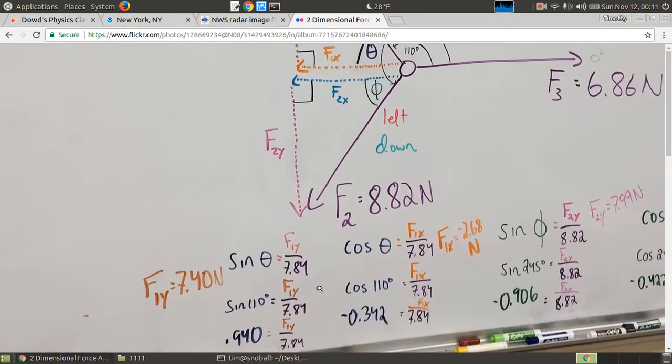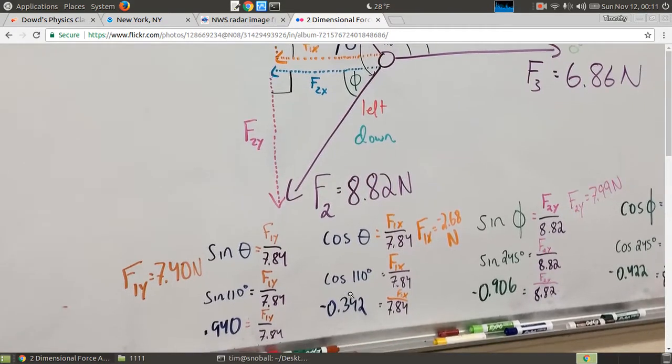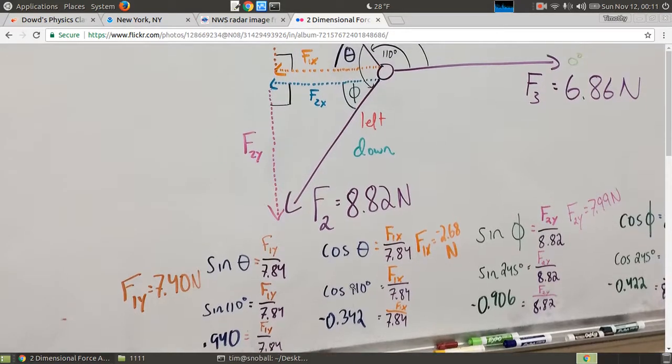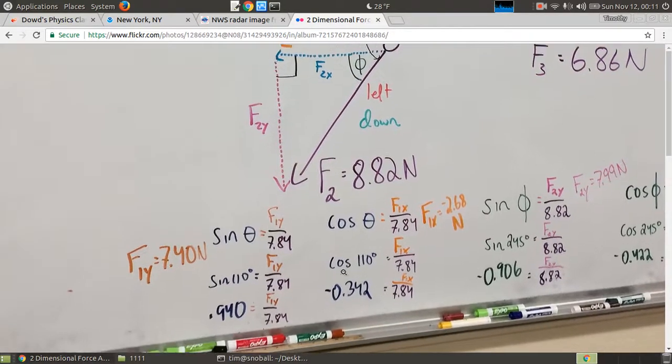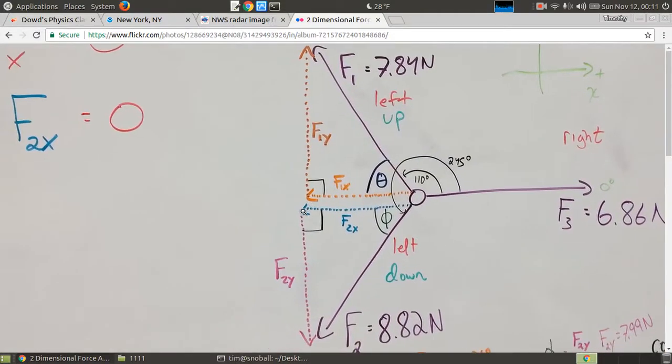The only difference with putting a number greater than 90 in there is occasionally we spit out a negative number. And that negative number actually is appropriate. Notice that this is a minus 0.342.